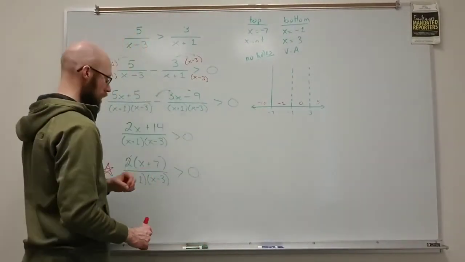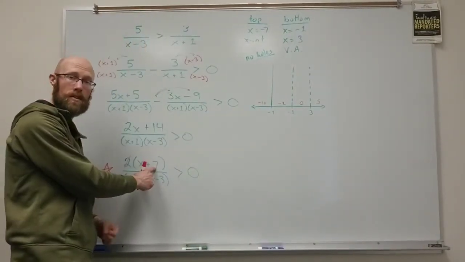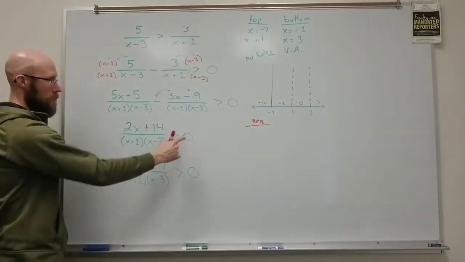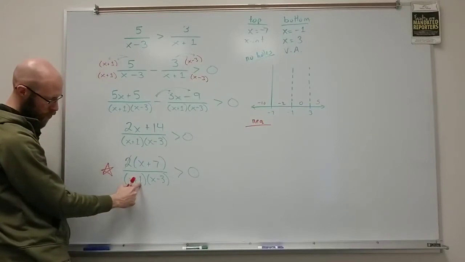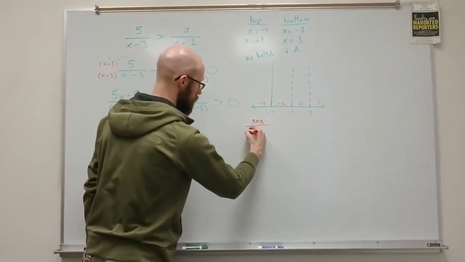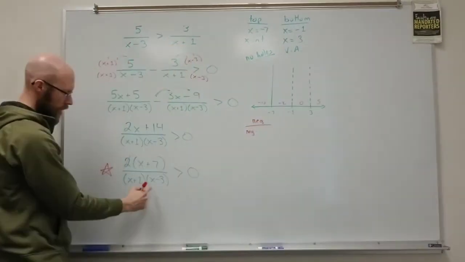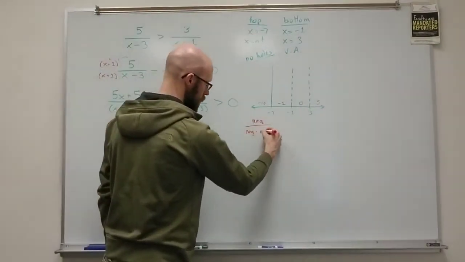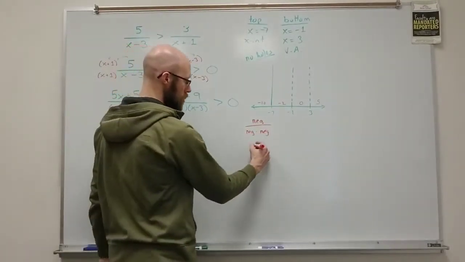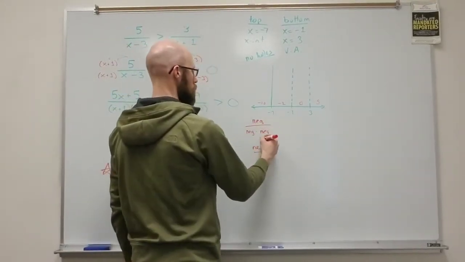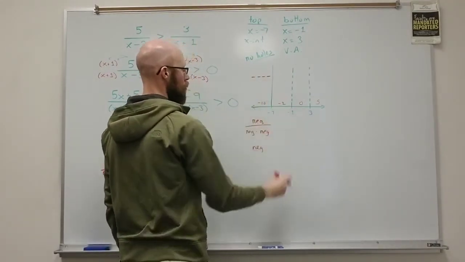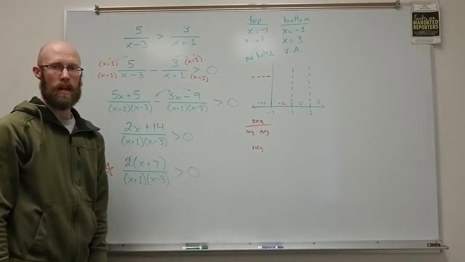So when I plug in the -10, -10 plus 7 is a negative number, so it's a negative on top. On the bottom, -10 plus 1 is a negative number also. And -10 minus 3 is also negative. So all 3 factors are negative. 3 negatives make a negative. And so every output in that first interval will be negative.